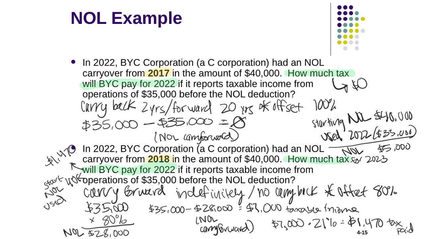We used $28,000. And then the remaining NOL is 12K. And that $12,000 can be carried forward into 2023 and every period after that until it is used.